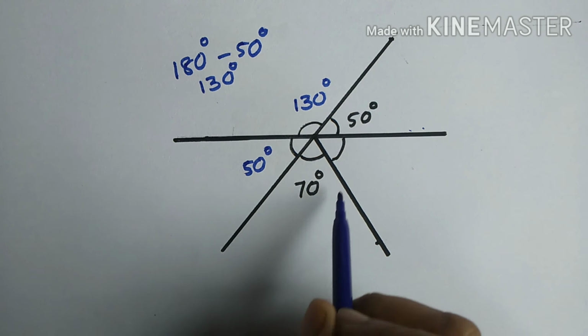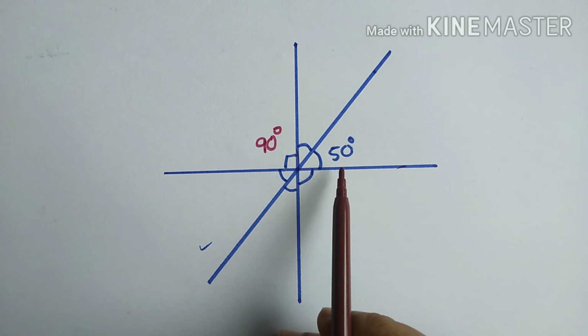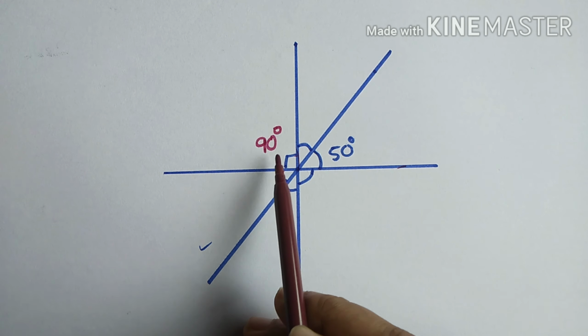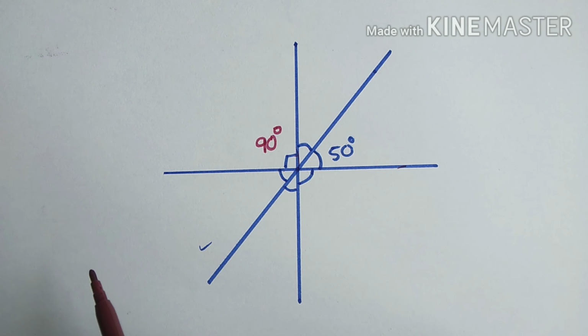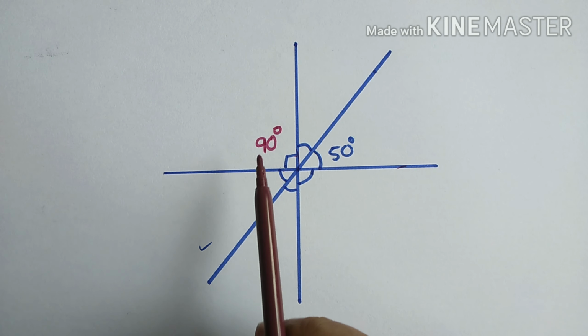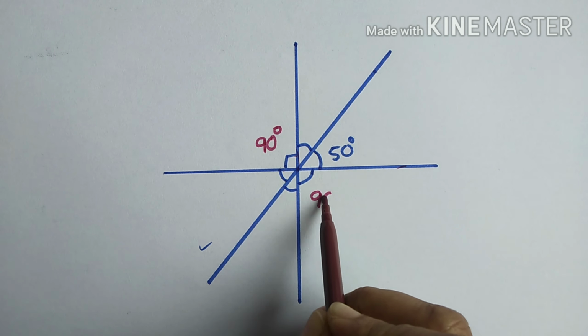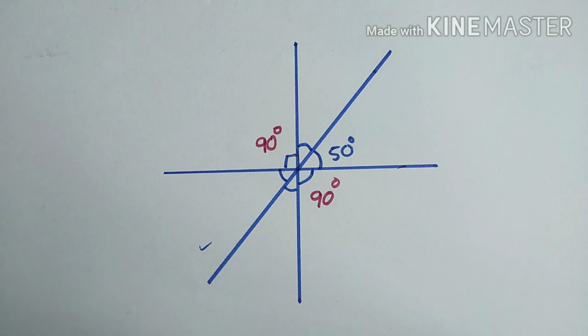Next, the two straight line, one is this and the other is this, is cutting across each other. So this angle is opposite to this angle. So we can write here the same, 90 degree, since these two angles are vertically opposite to each other.